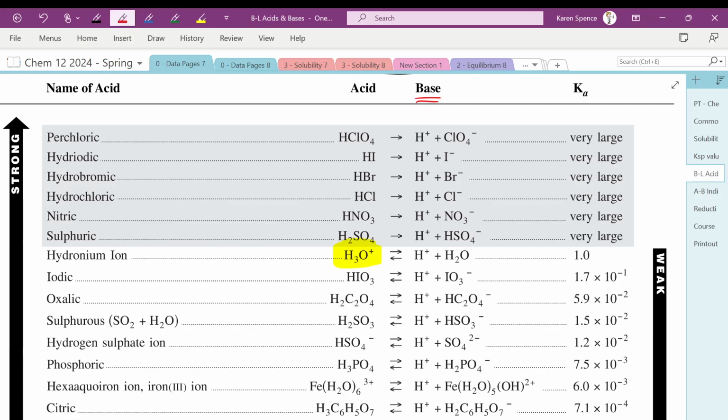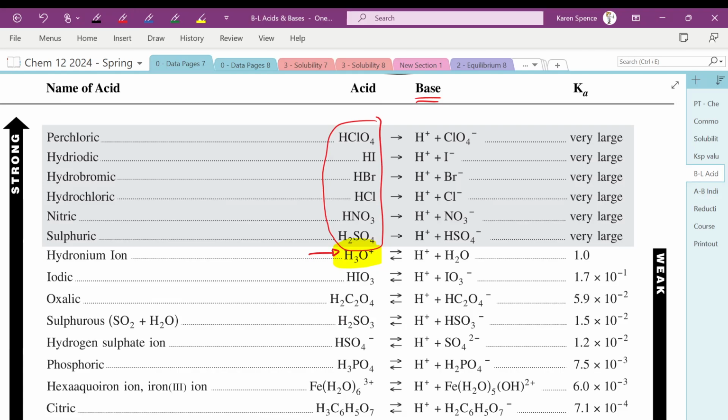And it exists in water in equilibrium with H+ and H2O, whereas all the rest of these don't exist in water because they all go to completion.